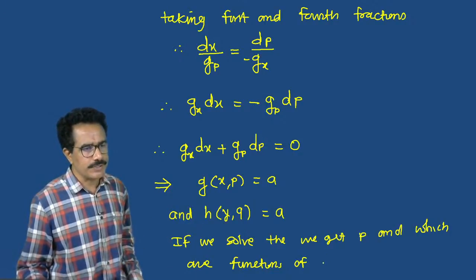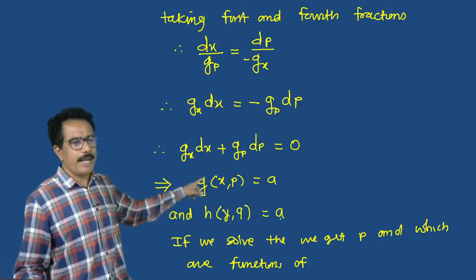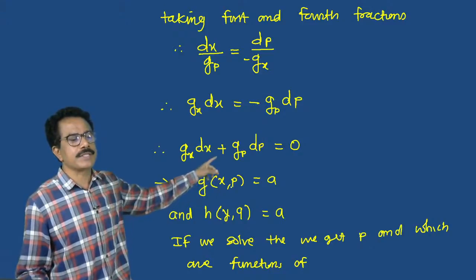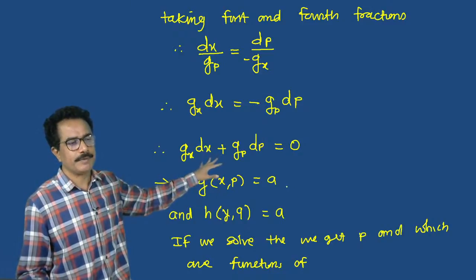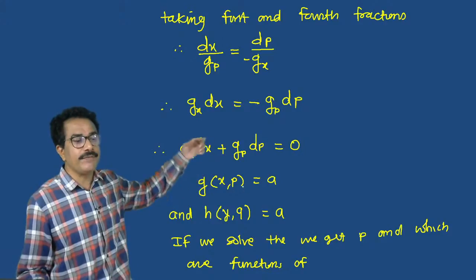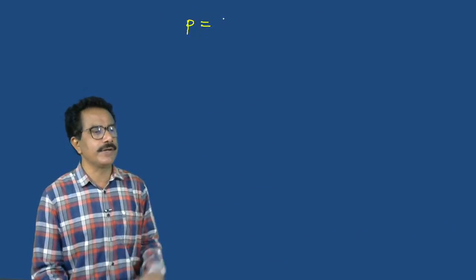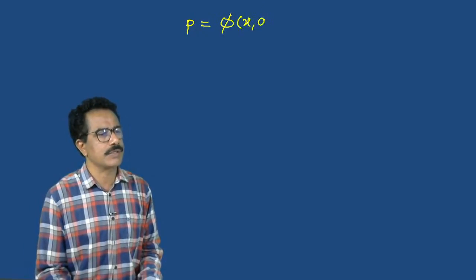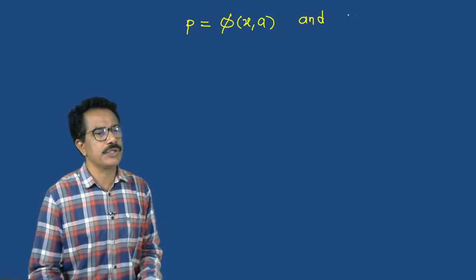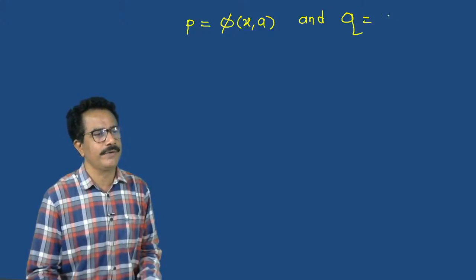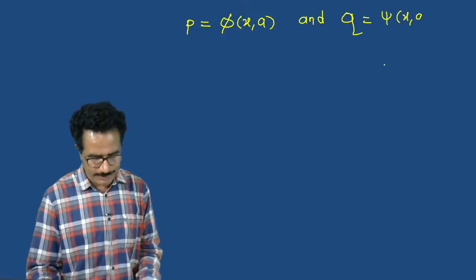Now see, g is a function of x comma p, which is equal to a. Then we can write p is a function of x comma a. So we can write p is equal to phi of x comma a, and q will be the function psi of y comma a.